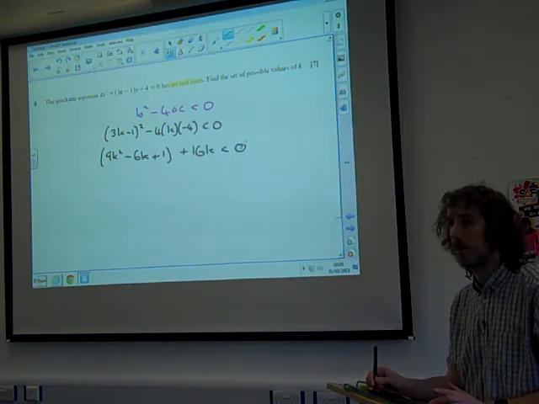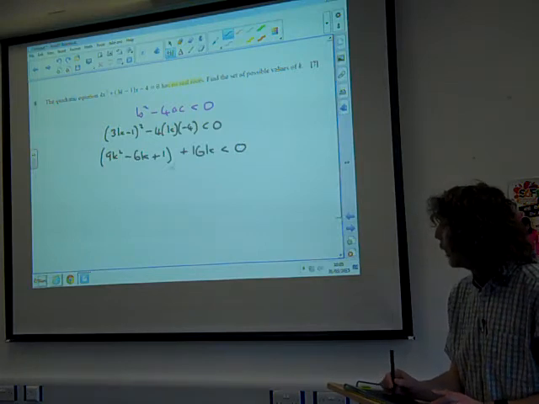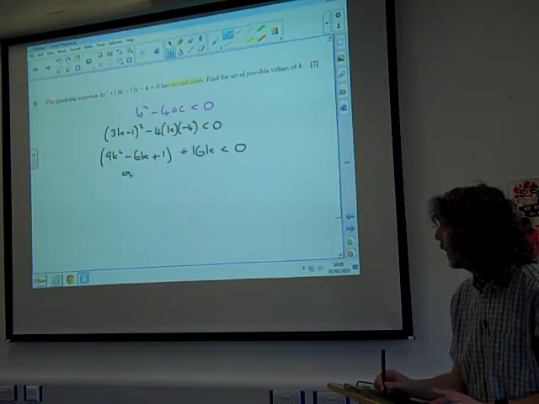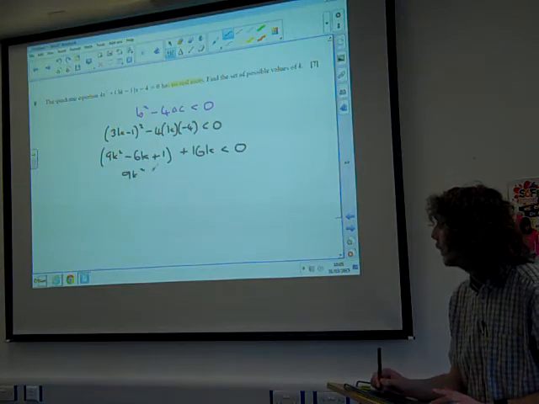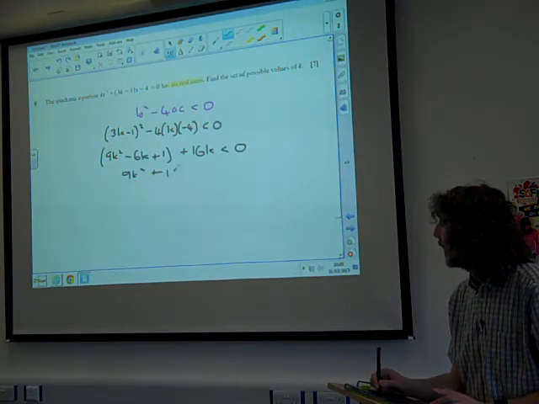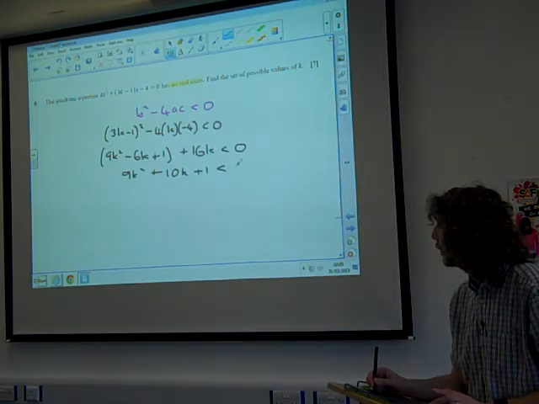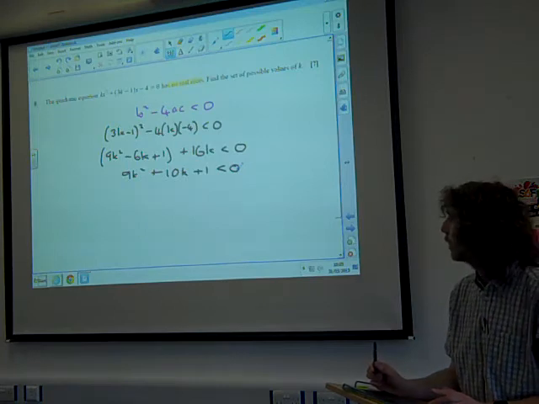It's less than 0. So we've ended up with our equation saying 9k squared plus 10k plus 1 is less than 0.